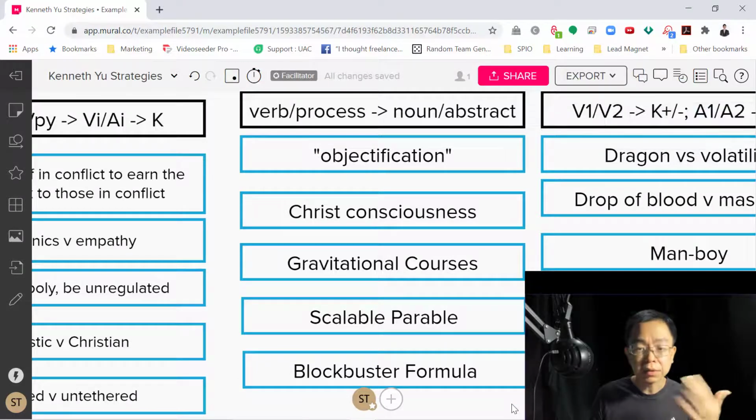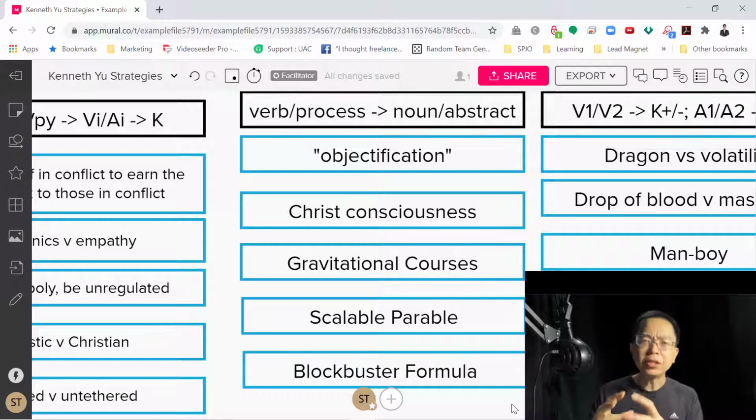Scalable parable is rhyming, but also parable has never been used in the context of being scalable before. So he's actually also utilizing what we call layering. So parable is religious or folklore, right? Cultural. Scalable is business. When you take folklore and business and you combine them, wow, okay, I can see how that works.